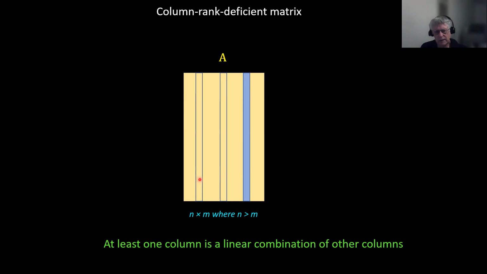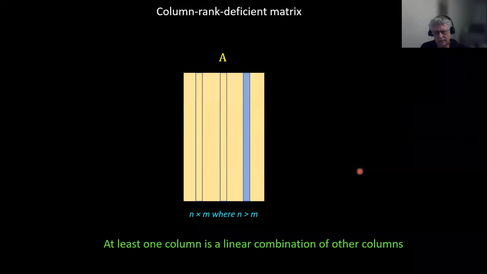Now, what this means is that this column's kind of redundant because the information contained in this column is already contained in the other columns. So that matrix is kind of depleted in some ways. It's deficient. It's called, in this case, column rank deficient.